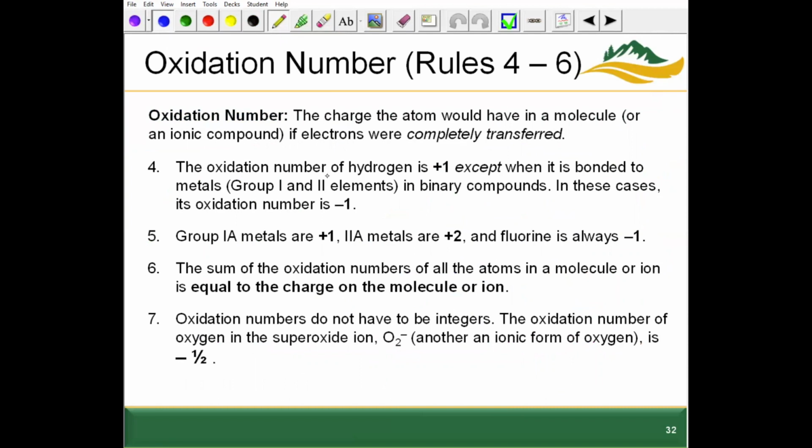Next, the oxidation number of hydrogen is fairly predictable. So the oxidation number of hydrogen in an ionic compound or a molecule is +1. Except though when it's bonded to metals like group 1 and group 2 metals. So somewhat of an unusual compound is sodium hydride. It's fairly combustible, and here the oxidation number of hydrogen is -1.